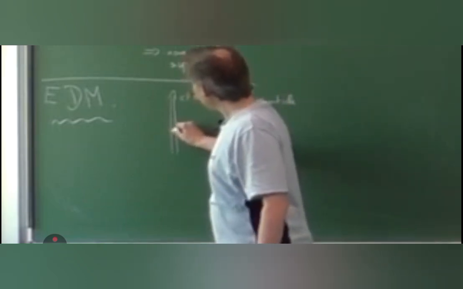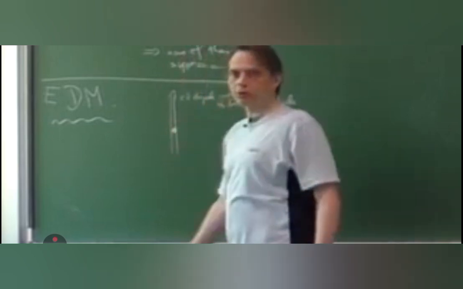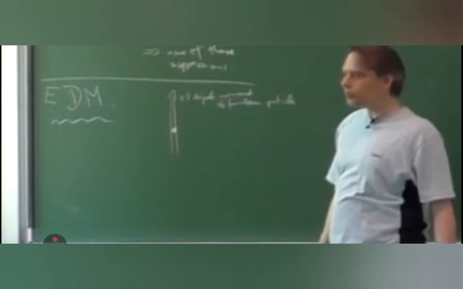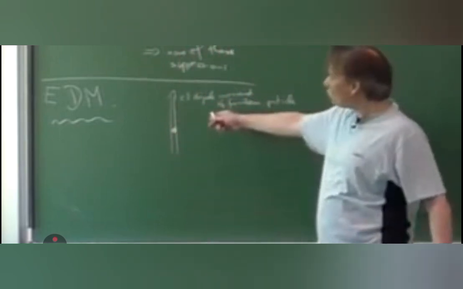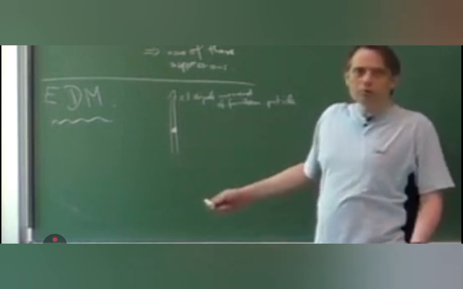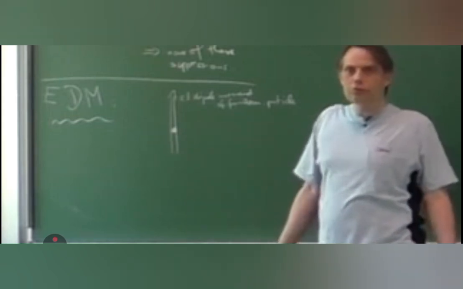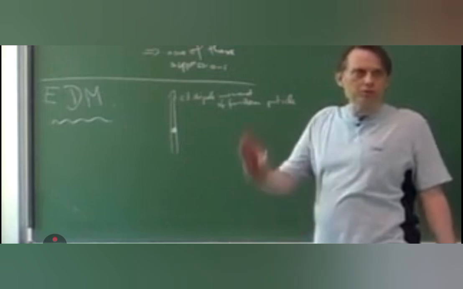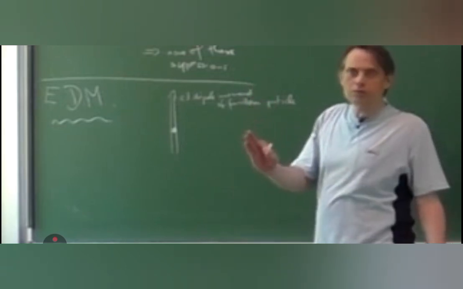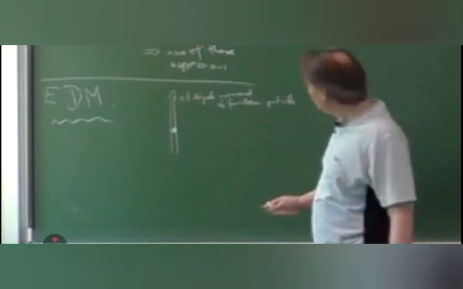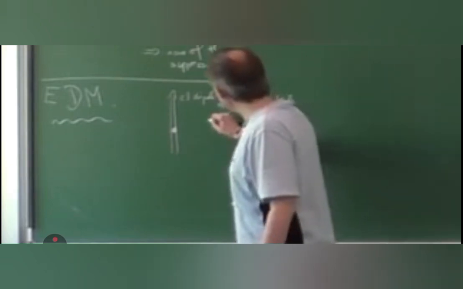And if you have a fundamental particle which might have an electric dipole moment, then the orientation of the dipole moment must be connected to the fundamental properties of the particles, but the particle has only one direction which is singled out, and that is the spin. Therefore, if the fundamental particle has an electric dipole moment, this must be proportional to the spin of the particle.